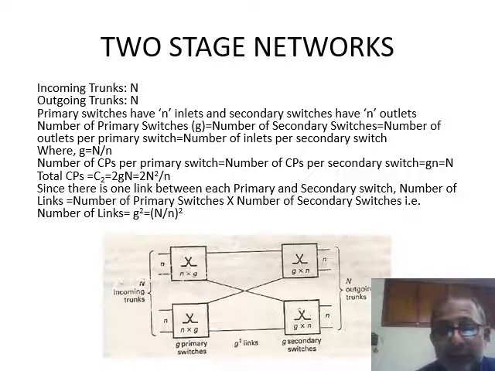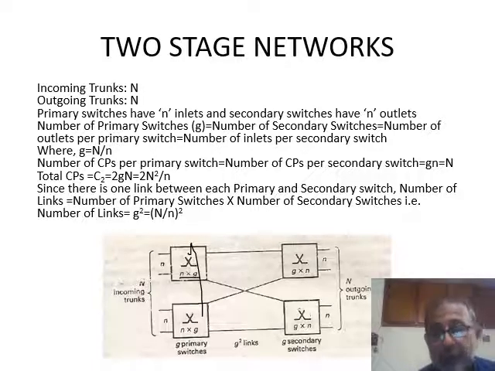Why is it so? You can see from the diagram that we have got n inlets and G outlets. G is the number of secondary switches. Similarly, on the secondaries, on the B stage side, we've got G inlets because we have got G primary switches, and we have got n outlets per secondary switch also.